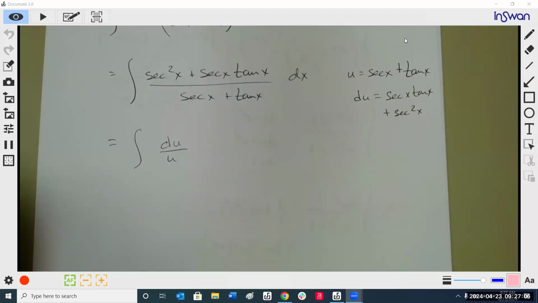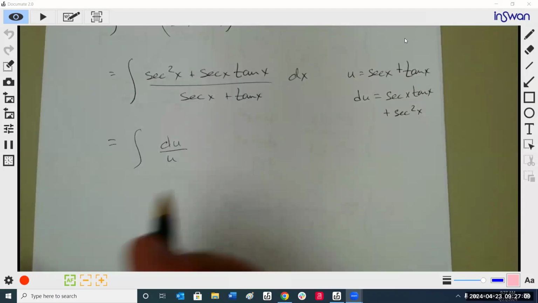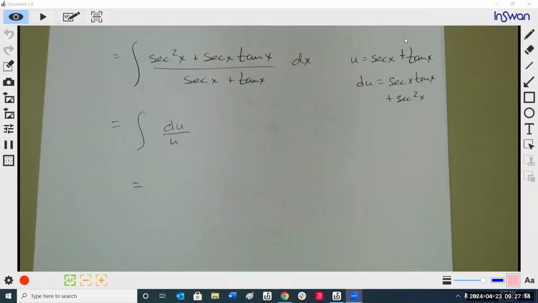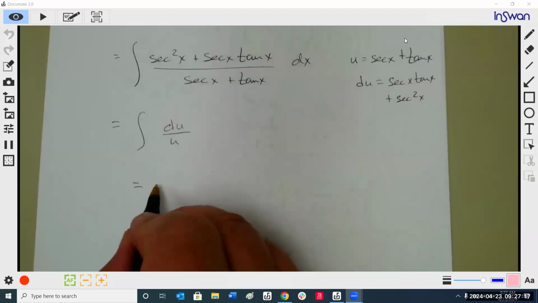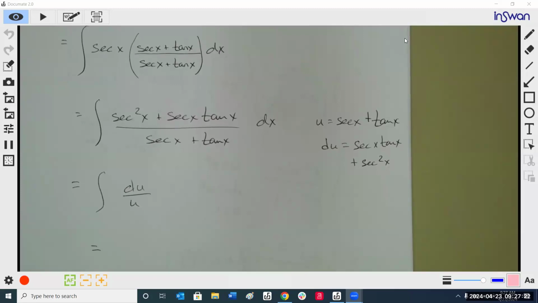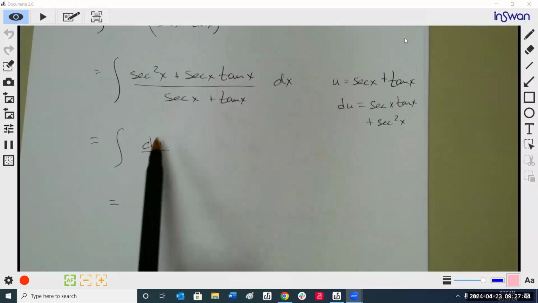What is the integral of du over u equal? Yeah, that 8B was not that easy because you can go through a whole bunch of different things and see what happens. So what we're looking for is we're trying to set it up to be in this format, du over u.